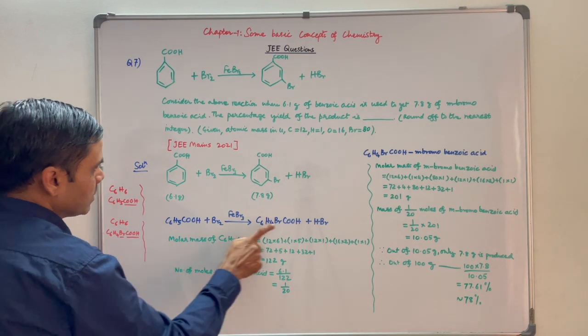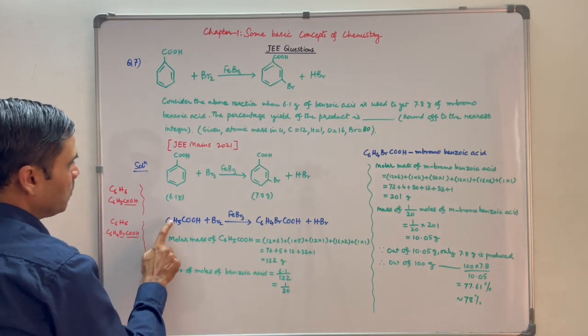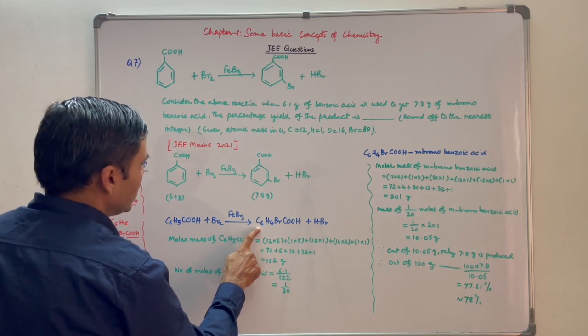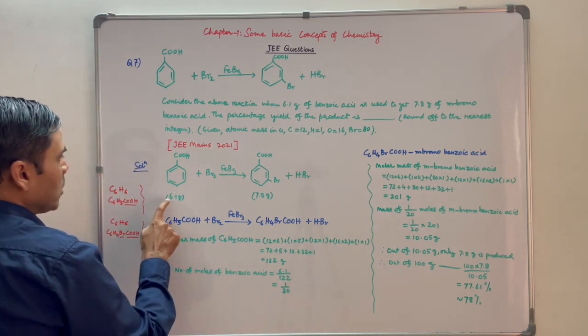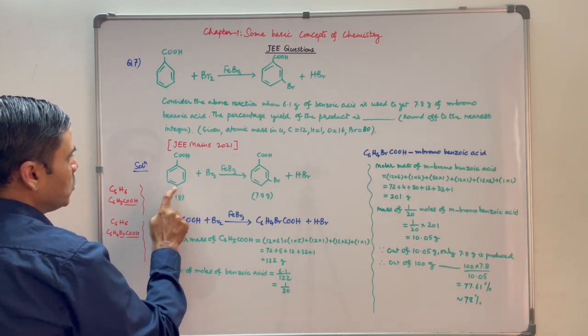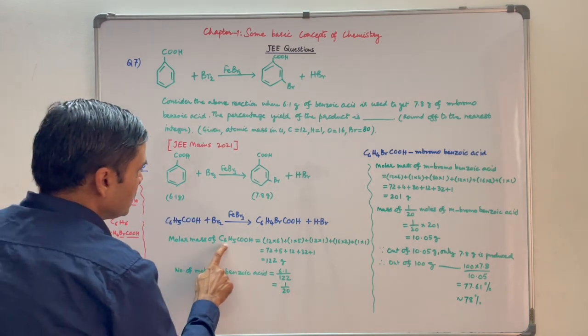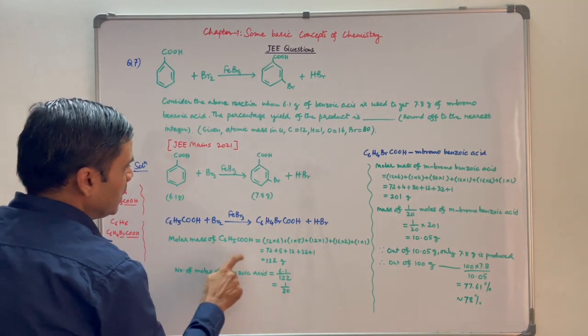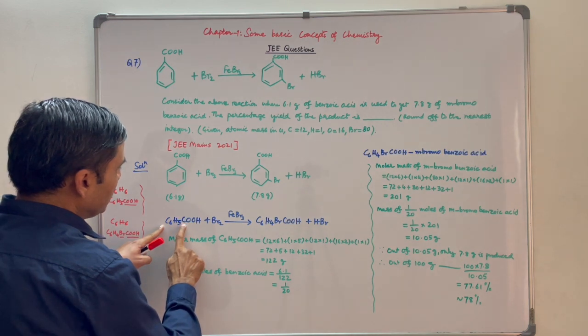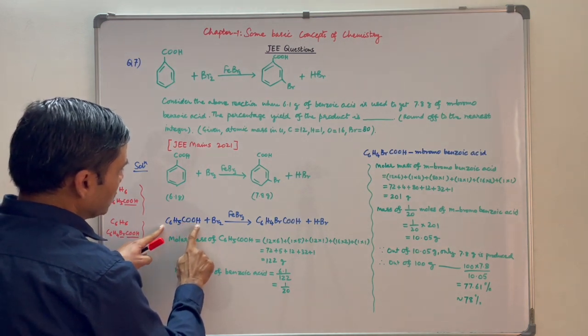It is clear from this chemical reaction that 1 mole of benzoic acid will produce 1 mole of M-bromo-benzoic acid. So first we will figure out how many moles are there in 6.1 gram of benzoic acid. So molar mass of C6H5COOH will be 12 into 6 plus 1 into 5 plus 12 into 1 plus 16 into 2 plus 1 into 1.